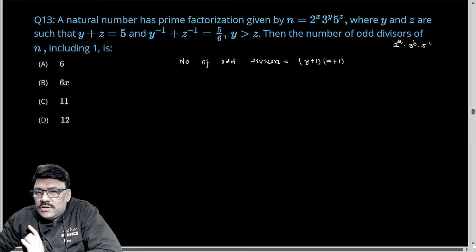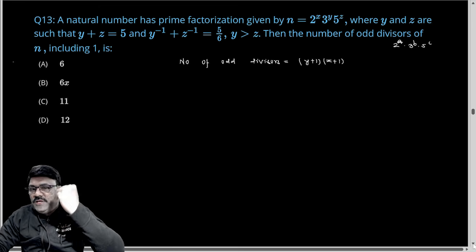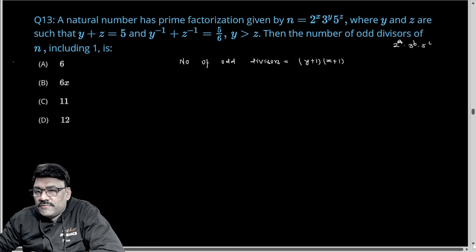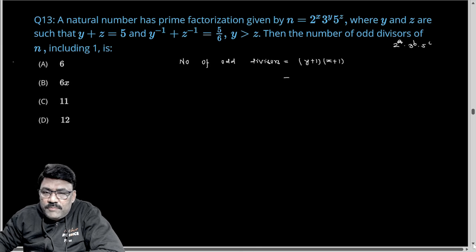For b you have y plus 1 options, since b can vary from 0 to y. For c you have z plus 1 options. So 1 into (y plus 1) into (z plus 1). So I need (y plus 1)(z plus 1), and this can be written as yz plus y plus z plus 1.